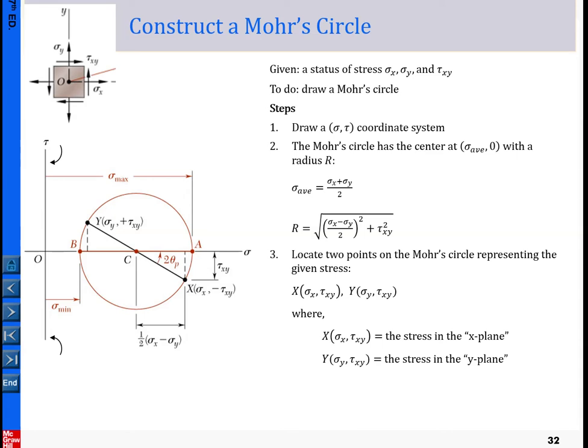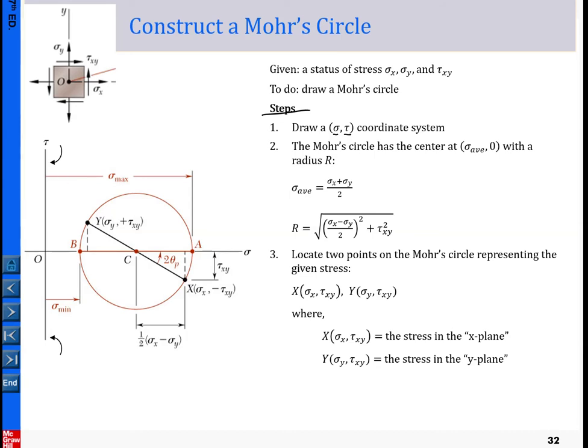Here I highlight the steps, and let's go over the steps in general, then we will follow up with a few numeric examples. The first step is to define the coordinate system. The horizontal axis is the normal stress, and the vertical axis is the shear stress.